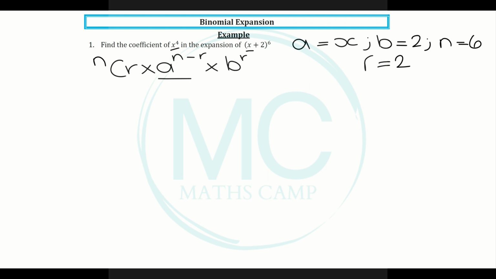Now we can fill the values into the formula. N is 6, so this becomes 6C2, since r is 2, multiplied by a, which is x, with an exponent of 6 minus 2, which is 4, multiplied by 2 with an exponent of r, which is 2. Now you can take your calculator.